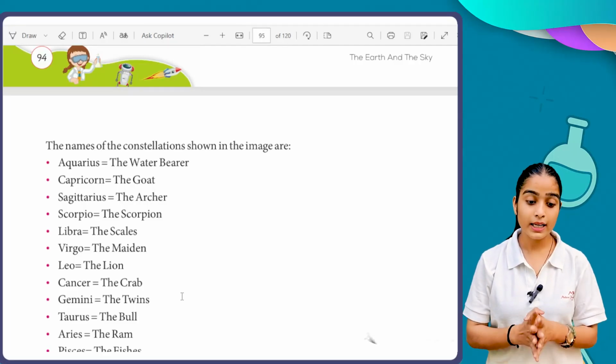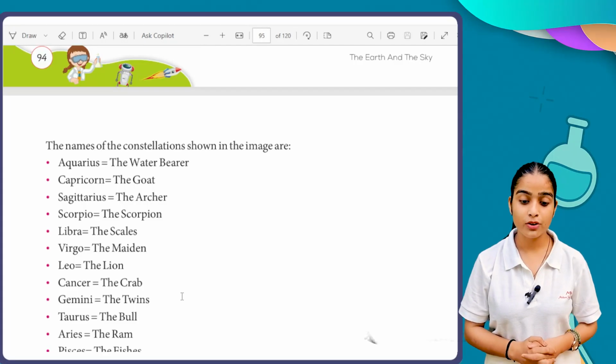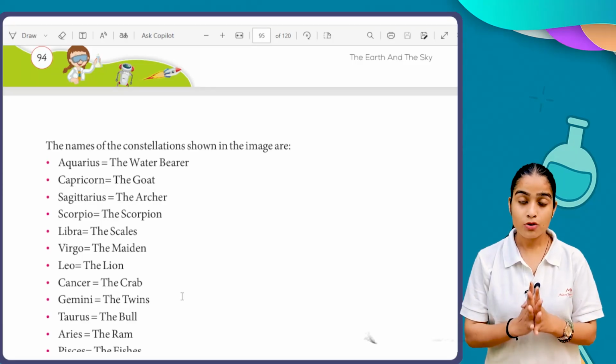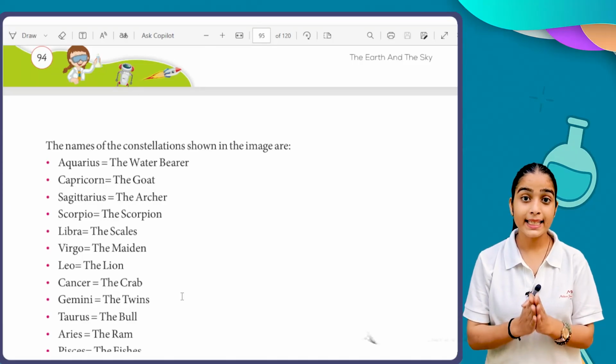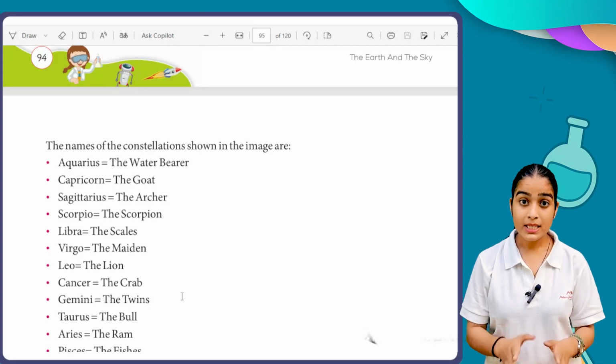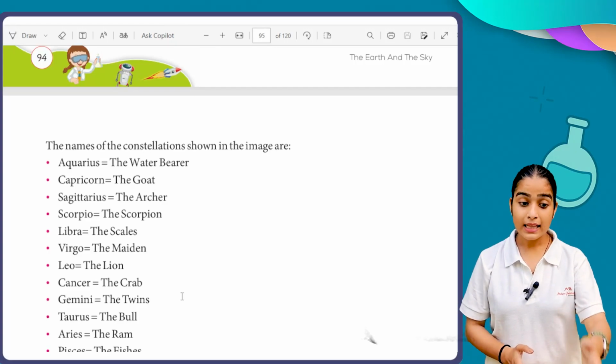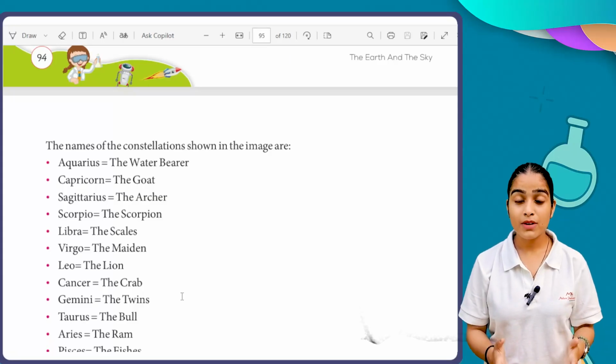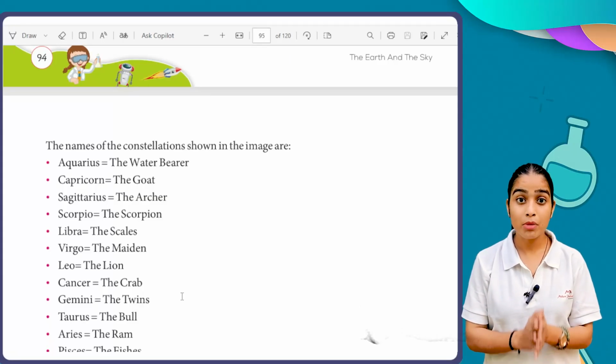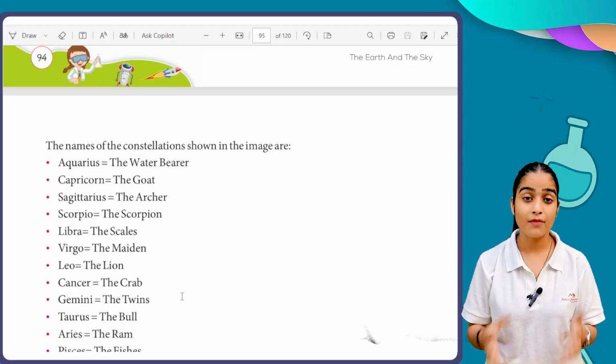Today there are 88 constellations officially recognized by astronomers, confirmed by astronomers, and these are some examples of constellations and the meanings of their names.